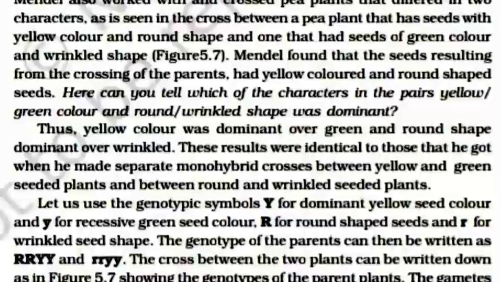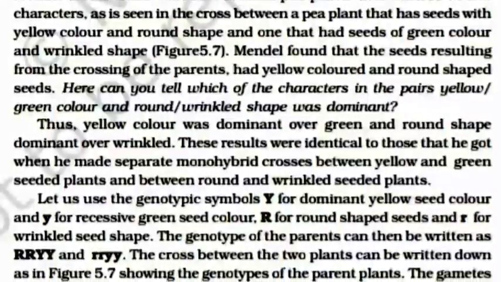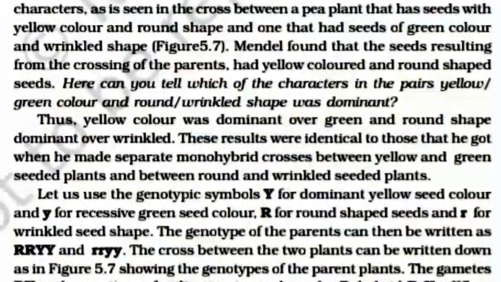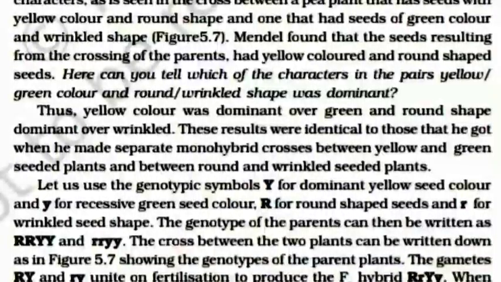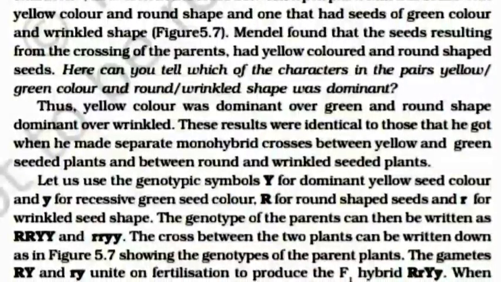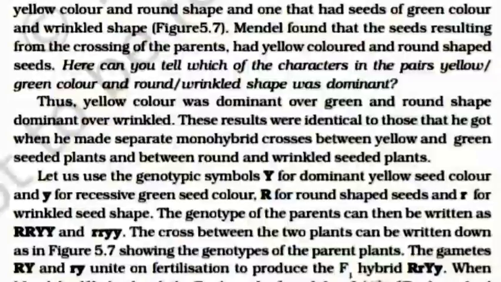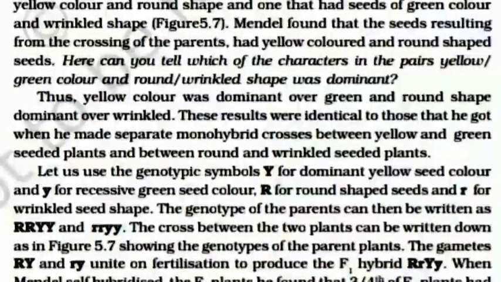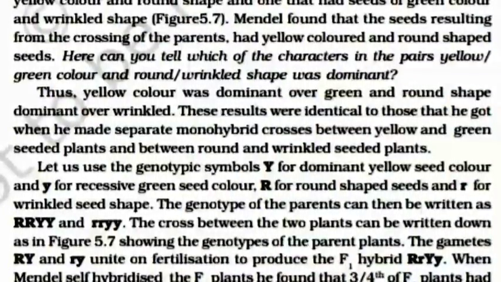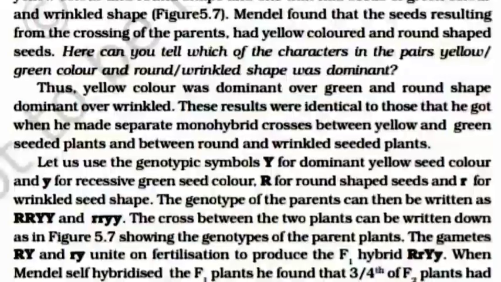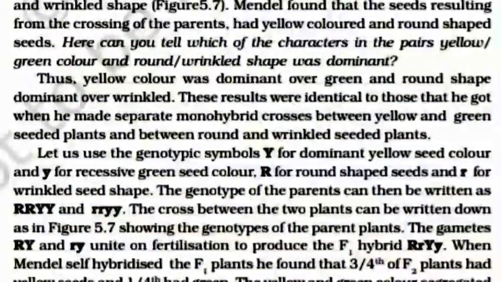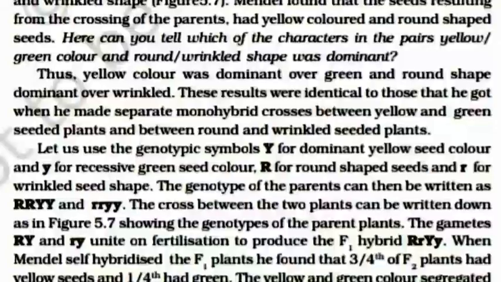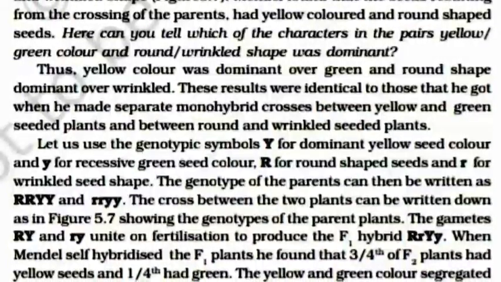Let us use the genotypic symbol capital Y for dominant yellow seed color and small y for recessive green seed color, capital R for round shaped seed and small r for wrinkled seed shape. The genotype of the parents can be written as capital R capital R, capital Y capital Y, and small r small r, small y small y.